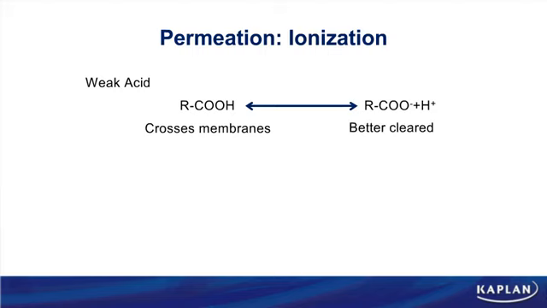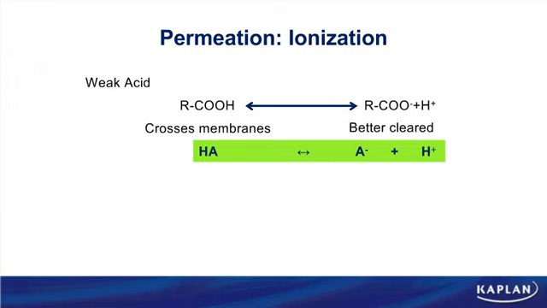Now, the next thing that I'm going to say depends on how comfortable you are with your chemistry. If you love chemistry, if you love talking about carboxyl groups, then that's fine. On the other hand, I actually strongly suggest that you simply remember an easier way to diagram out what's going on with a weak acid. On the left, I would write this as HA.